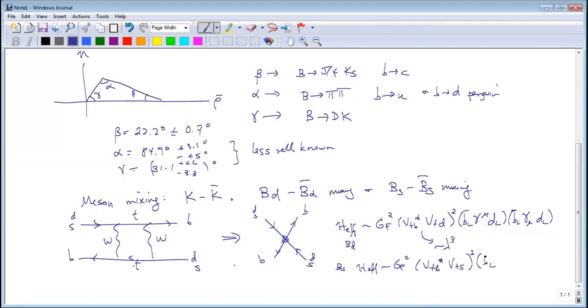And then we're going to have B left, and S left, etc. Okay. So this one is actually order lambda squared, okay? So it's a little bit stronger in terms of CKM suppression.